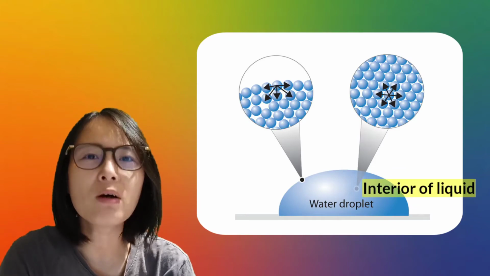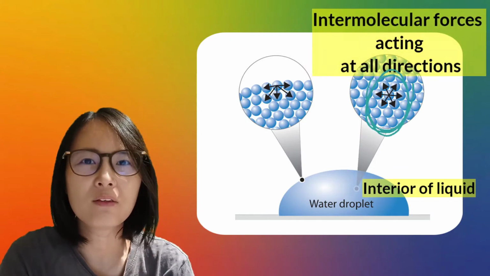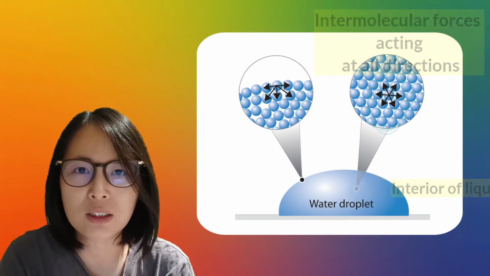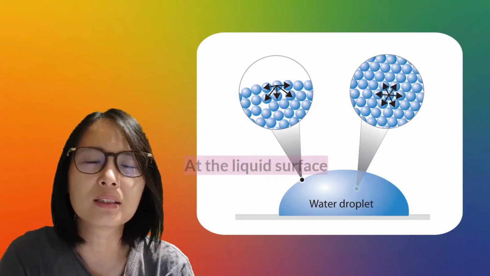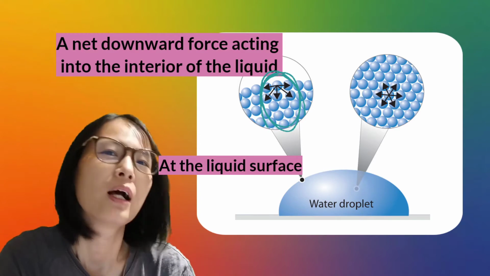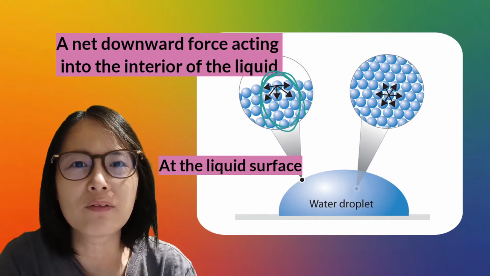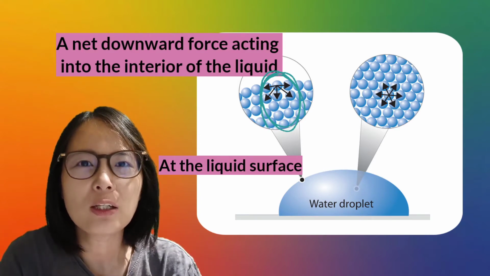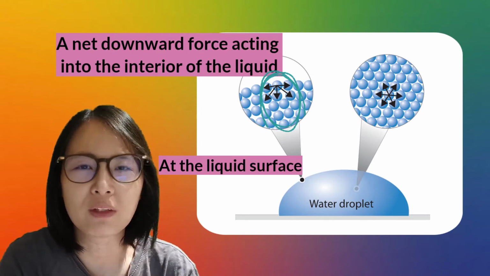Why does liquid have significant surface tension? In terms of intermolecular forces, molecular arrangements and molecular motions, in the interior of the liquid, intermolecular forces are acting in all directions. However, at the surface of the liquid, there is a net inward force pulling the liquid particles at the surface into the interior of the liquid.